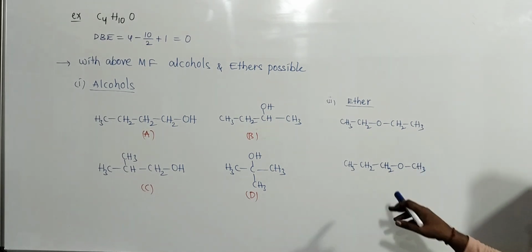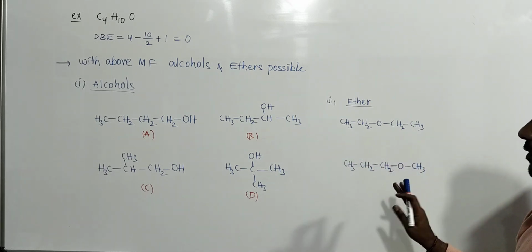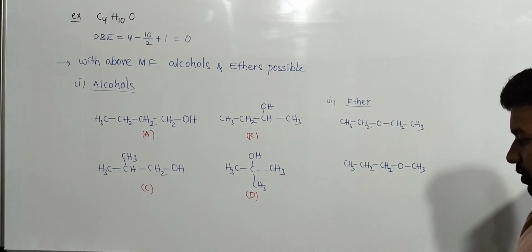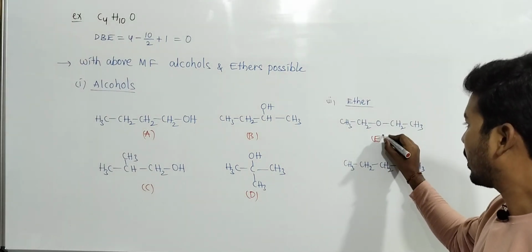These two ethers are possible, with 4 carbon atoms, 10 hydrogen atoms and 1 oxygen atom. Say this is E and this is F.